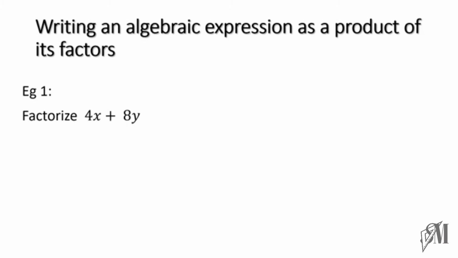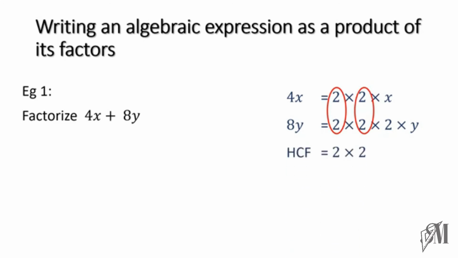Now the first step is we write each term in this expression in terms of its prime factors. Now if you take 4x, I can write 4x like this. And if you take 8y, I can write down 8y as a product of prime factors like this. And then I circle the common terms, and like before, I find out the HCF. So HCF of these two terms is 4.